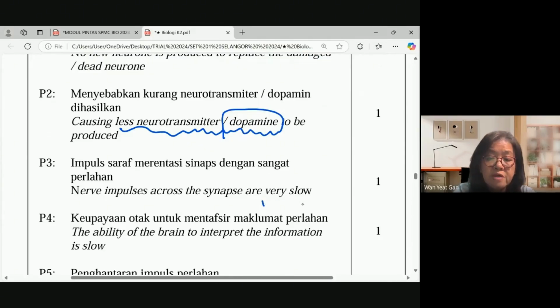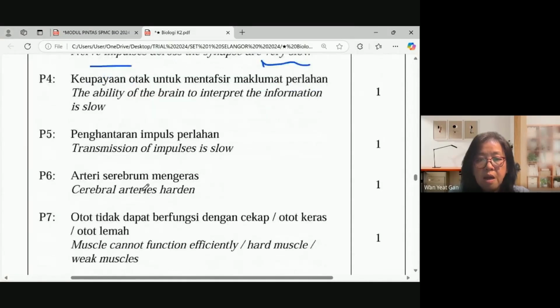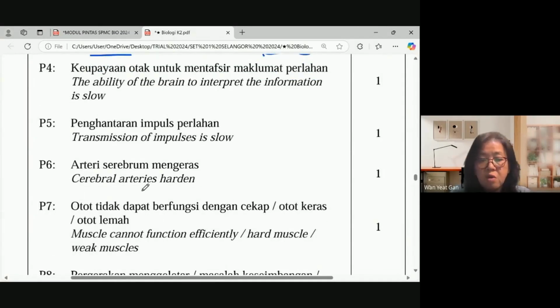As you have just seen, neurotransmitter is needed to diffuse across the synapse so that a new nerve impulse can be generated. With less neurotransmitter, less new nerve impulses can be generated. So the transmission of information is very slow, and with that, of course, the interpretation of information also slows down.